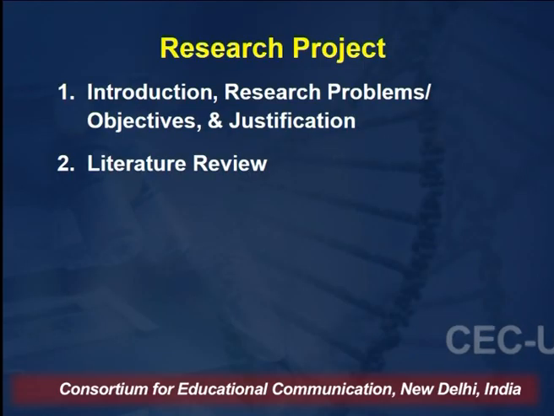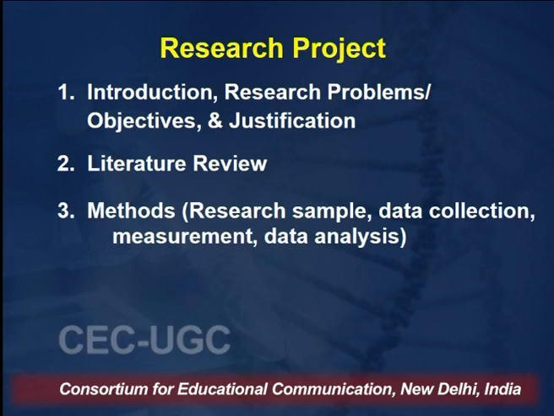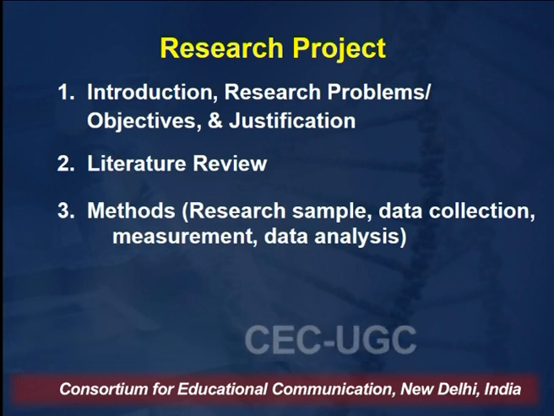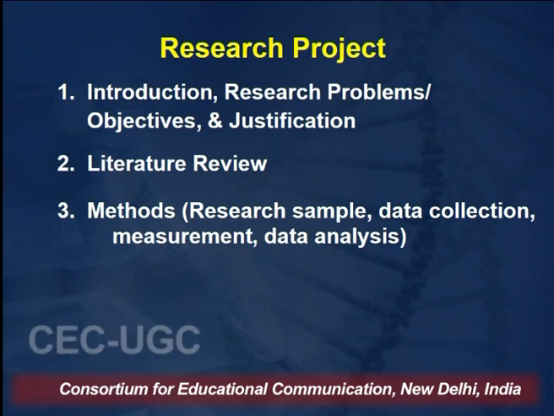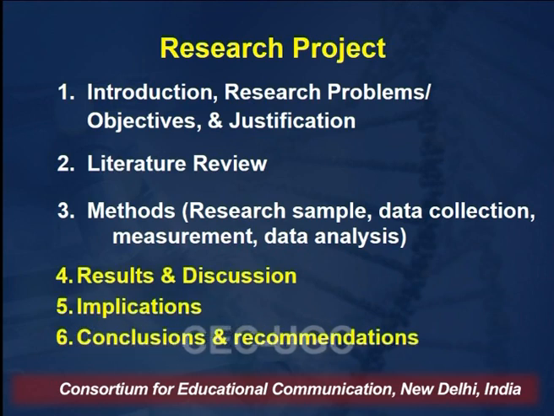So the first aspect is the introduction, which lays down the objectives and justification, the significance of doing the research. The second constitutes the literature review. The third constitutes the methods: the research, sample, data collection, measurements, data analysis, equipment, instruments, all these things come in the methods. The fourth, fifth and sixth.